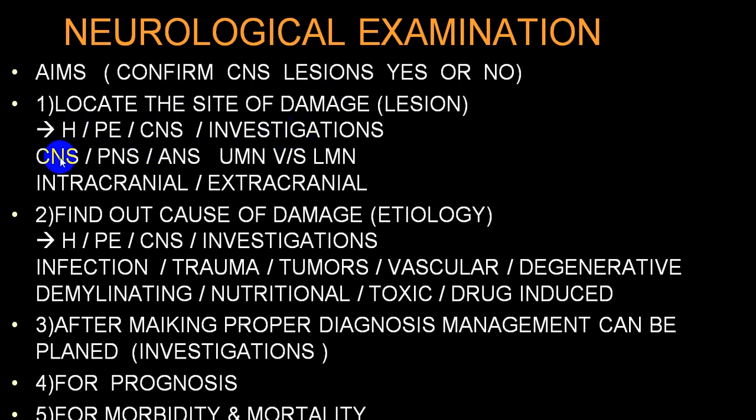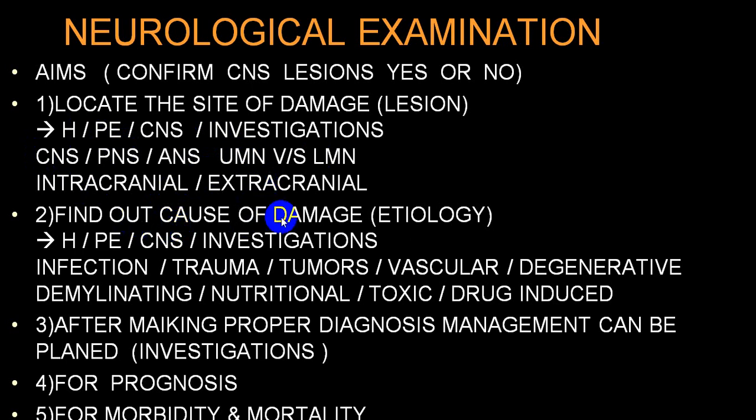In CNS examination, it is complete CNS examination, peripheral nervous system and autonomic nervous system examination. And as far as motor system is concerned, you should be able to differentiate between upper motor neuron and lower motor neuron. And by history, physical examination and good examination, intracranial or extracranial disorders.